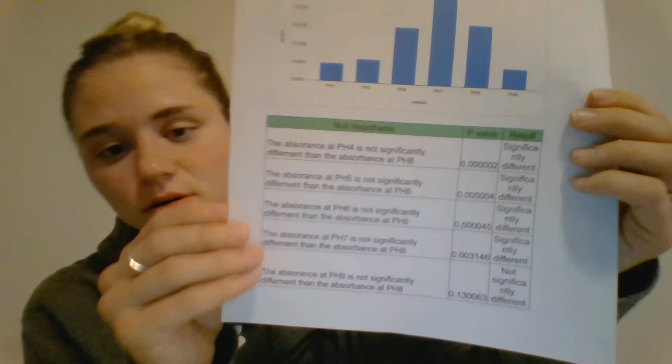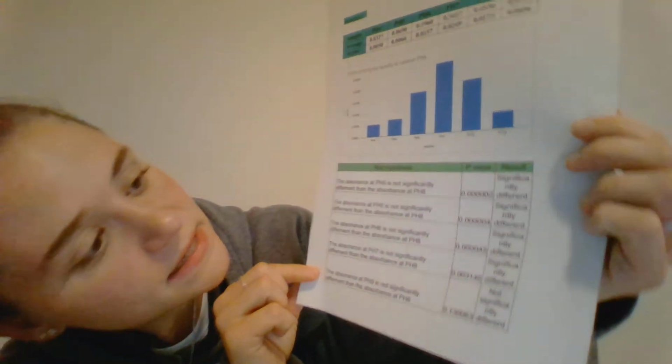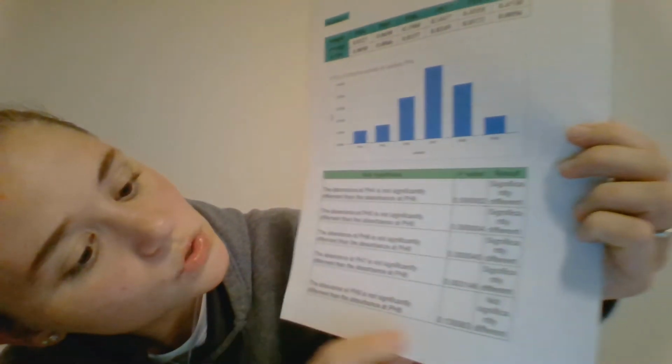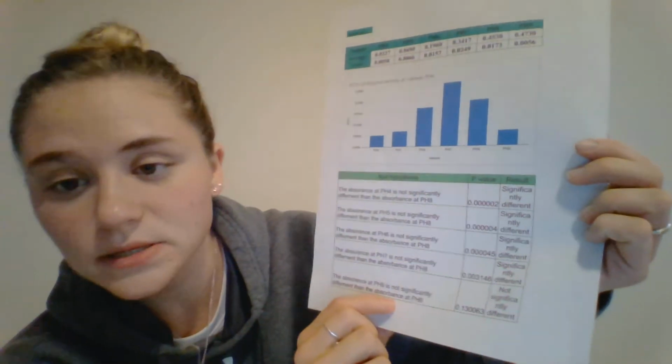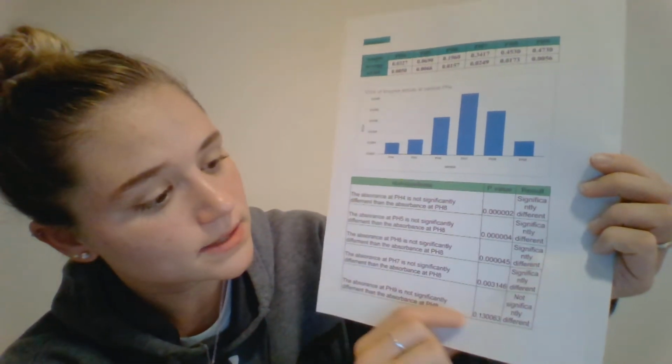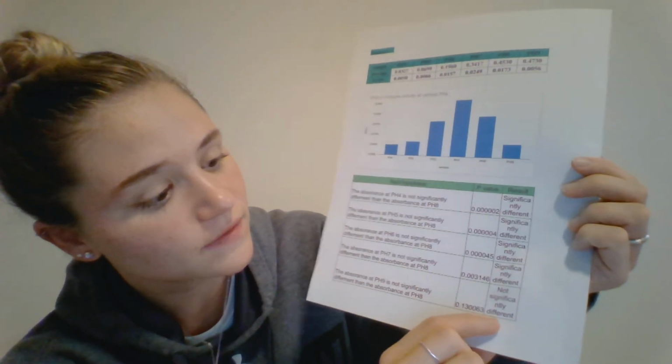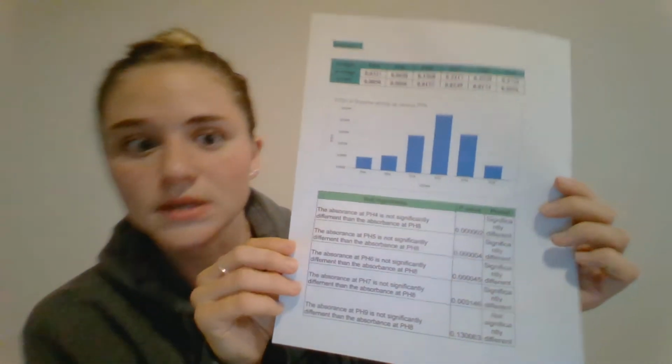And then based on our p-test, our p-value, and our results, we can conclude that the absorbance at 9 is the only one not significantly different, and the rest of them are. So this pretty much means that 9 is optimal.